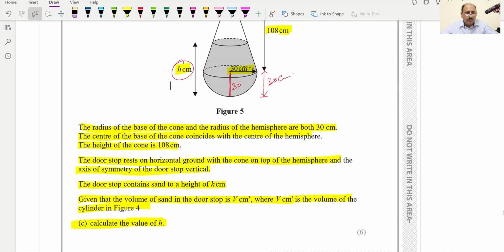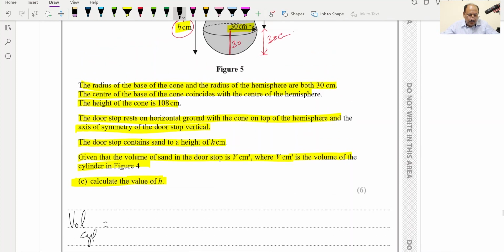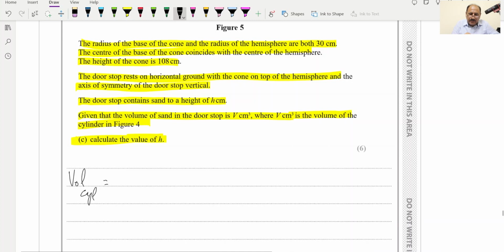So what we will do, we can calculate the volume of cylinder. Given that the volume of the sand in the door stop is the volume of the cylinder, this is what we are taking from this last line.